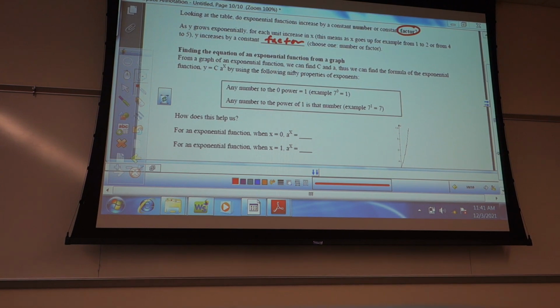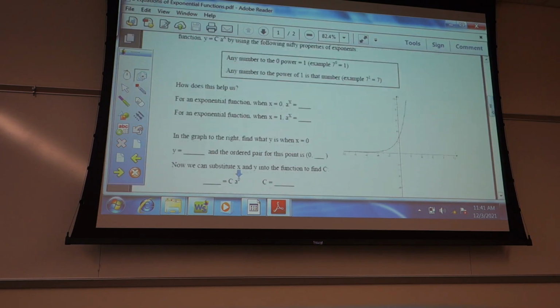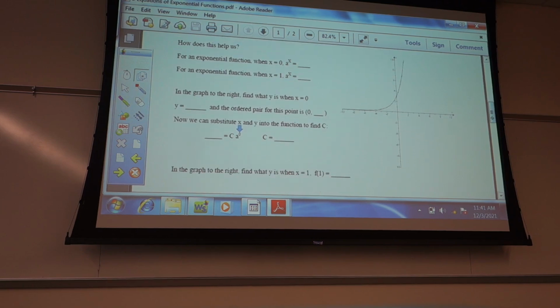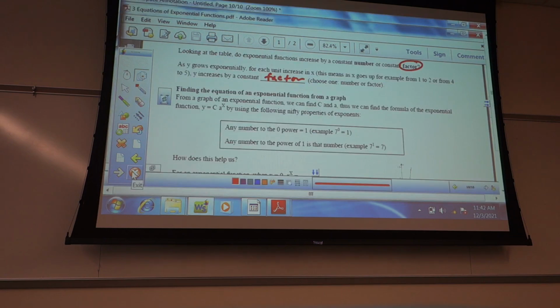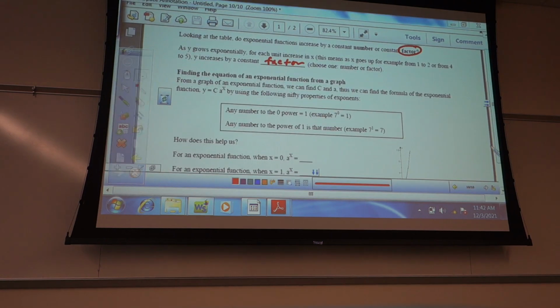So, finding the equation of an exponential function from a graph. You're going to have a couple of homework problems on this. It's pretty helpful because we're going to use two nifty properties of exponents. The first one: any number to the 0 power is what? 1. 7 to the 0 power is 1. 100 to the 0 power is 1. x to the 0 power is 1.